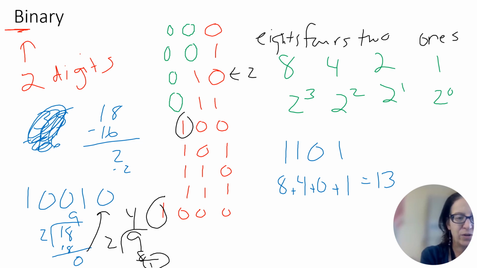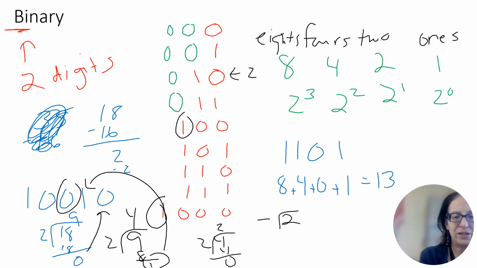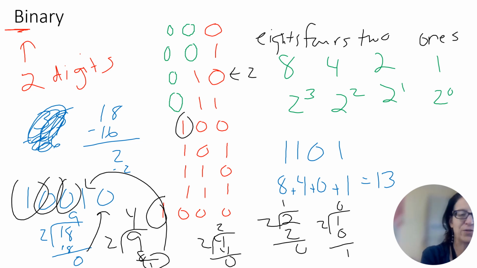Oh, look, there's the 1. Then you take the 4 and divide it by 2, and the remainder is 0. Then 2 divided by 2 is 1, remainder 0, and there's the other 0. Then 1 divided by 2 goes in 0 times with a remainder of 1, and there's your leading 1, and you have to switch the order.